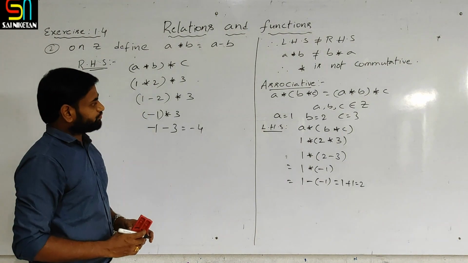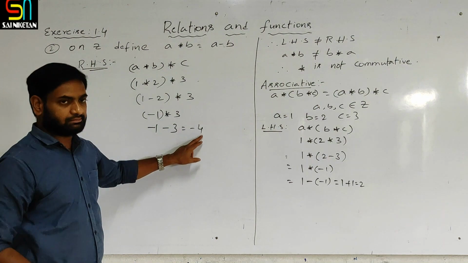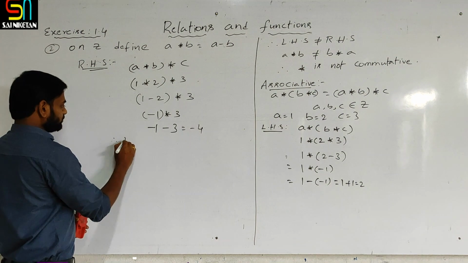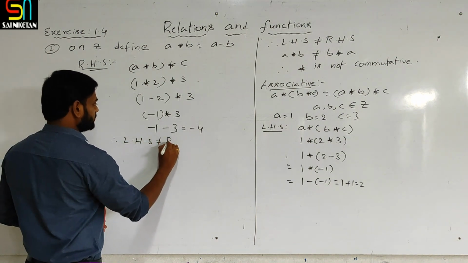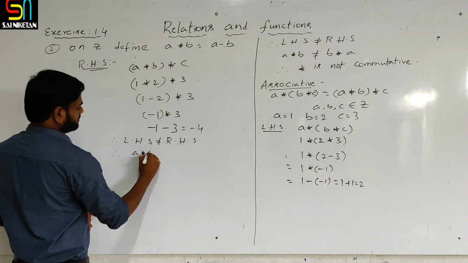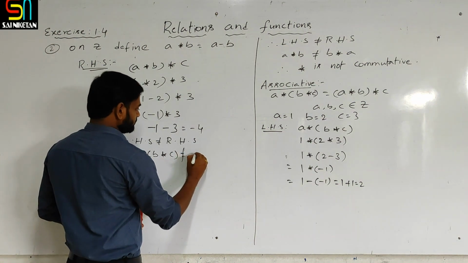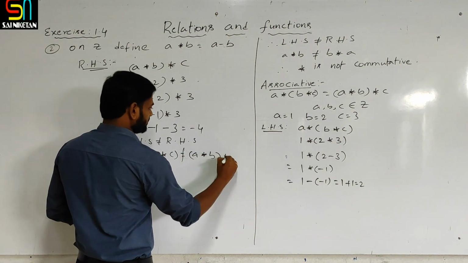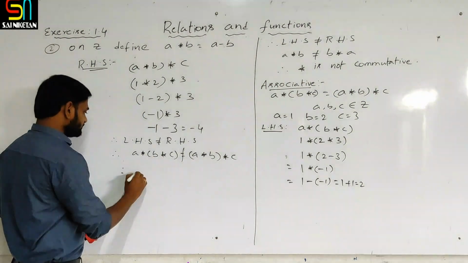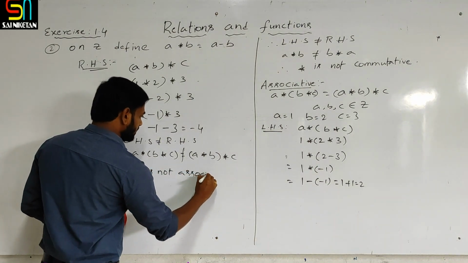Now, if you observe here, the LHS answer is 2 and the RHS answer is minus 4. These both are not equal. Therefore LHS is not equal to RHS, or A star of (B star C) is not equal to (A star B) star C. Therefore, star is not associative.